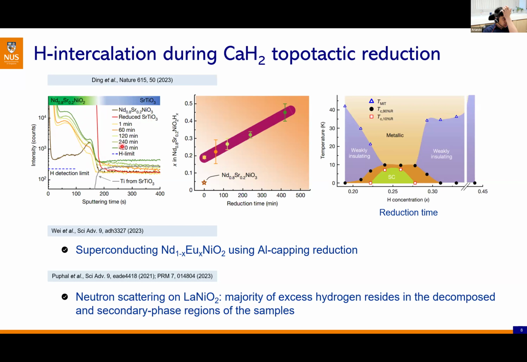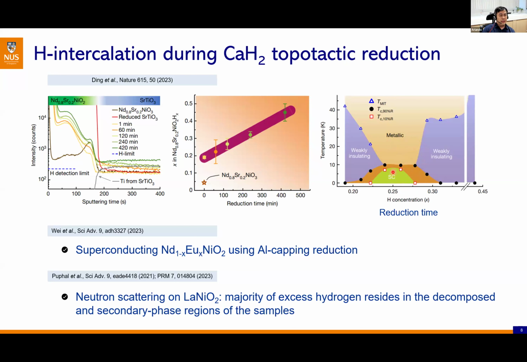And by calibrations, they try to correlate this with the concentrations of the hydrogens in the system. And they argue that when you have the hydrogen between somewhere 0.23 to 0.28, if I'm not mistaken, this is the state where you have the highest TC, the optimally doped case.